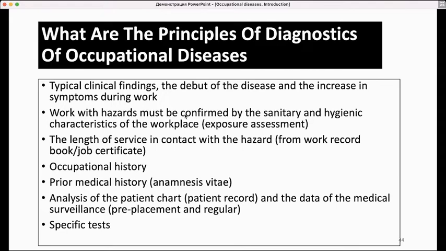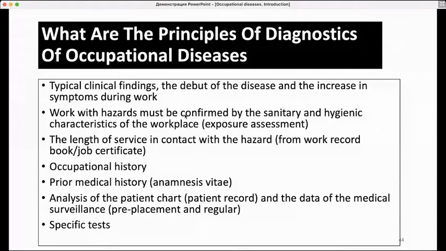Work with hazards must be confirmed by the sanitary and hygienic characteristics of the workplace. It is about exposure assessment by hygienists or epidemiologists at the country or city level. The length of service in contact with the hazard from the work record book or job certificate is also important.